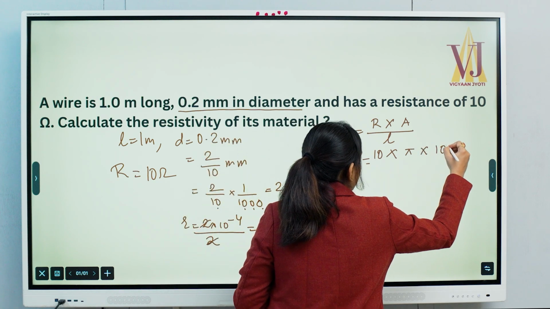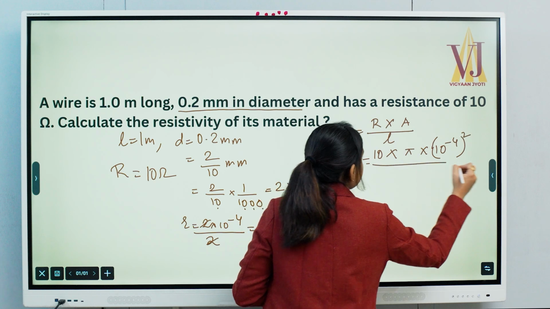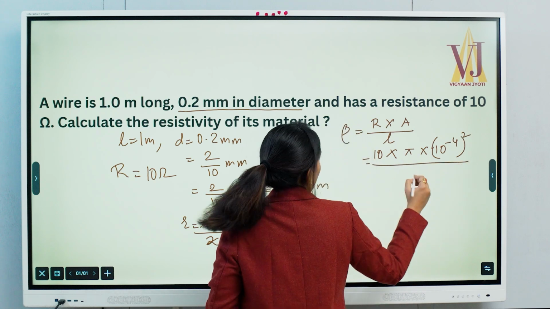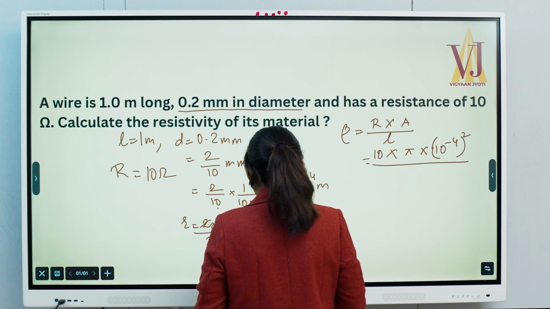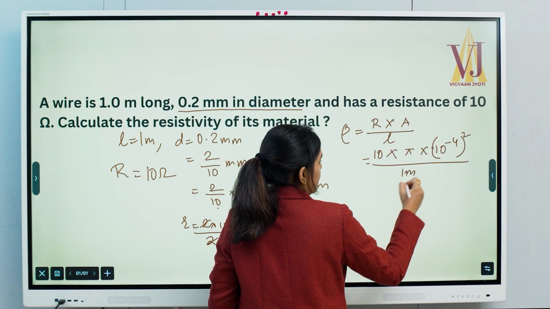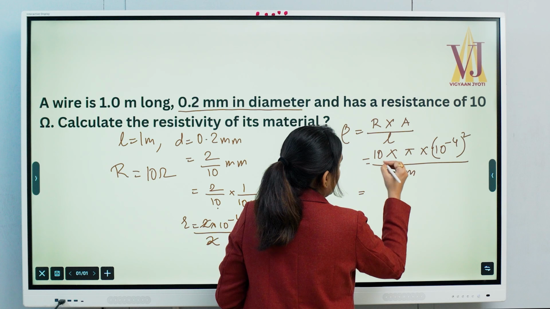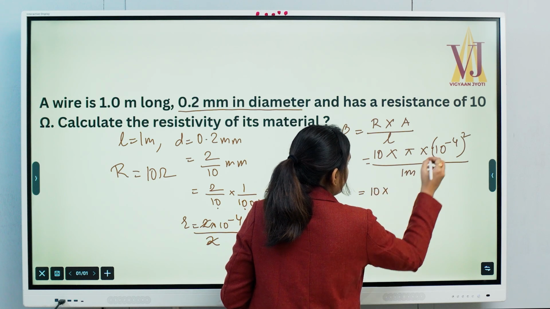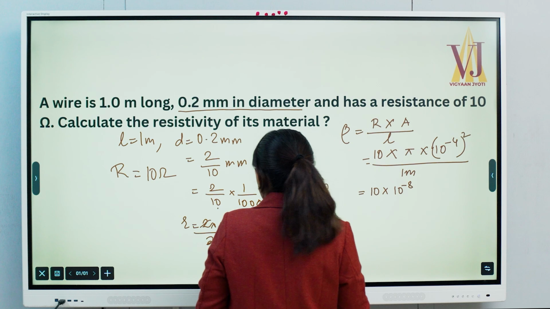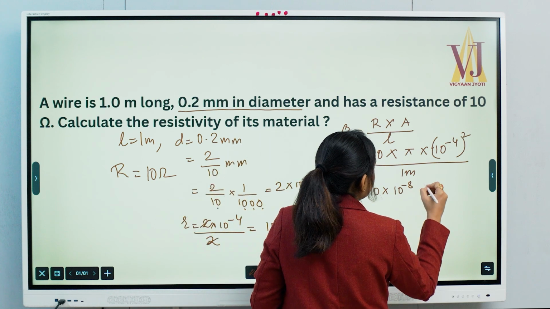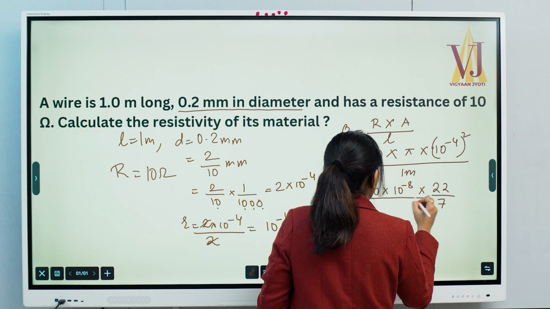So 10 to the power minus 4, squared. Next is divide by, what's my length? 1 meter. Now I'll just put it: 10 into 10 to the power minus 8, and into pi as 22 by 7, let's say, and down it's just 1.